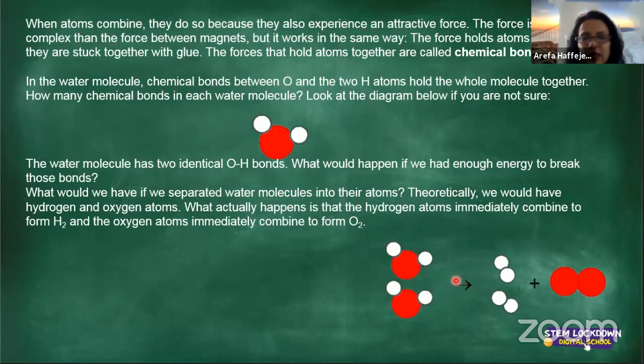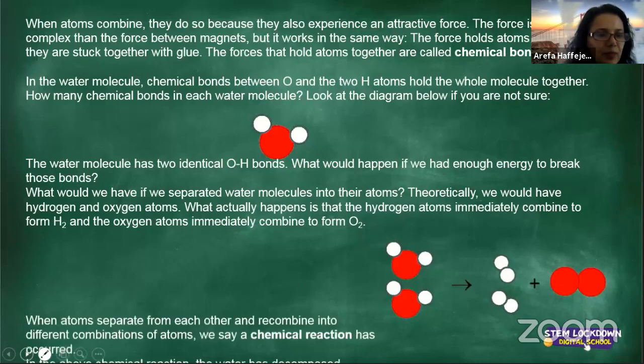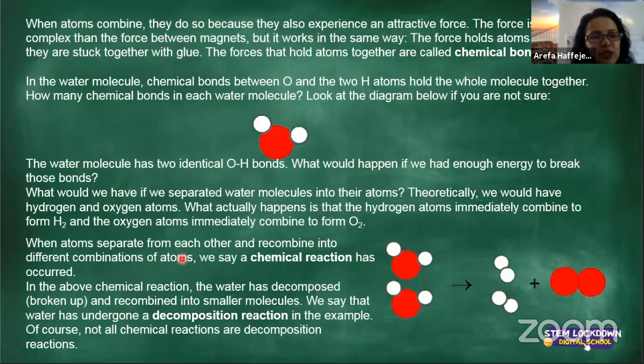We have water here for an example. Now, if we had to separate these atoms, what we have here is two hydrogen atoms and two oxygen atoms. When atoms separate from each other and recombine into different combinations of atoms, we say a chemical reaction has occurred.